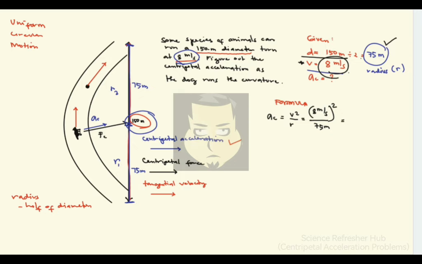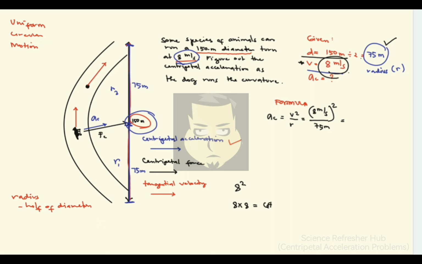What's next? Let's square the velocity or speed here, or we will just have to multiply 8 by itself. Remember, when you have 8 squared, it means 8 times 8. So 8 times 8, that's 64.